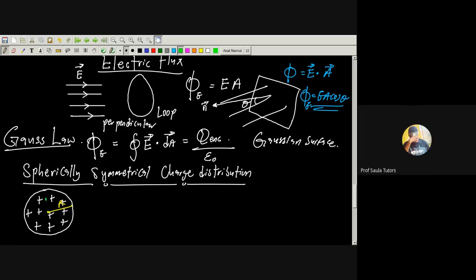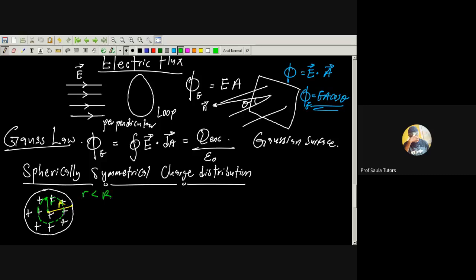Now, at this point, what you are going to do is draw a Gaussian surface around that point. We draw a Gaussian surface with radius of r, small letter r. In this case, our r is less than this big R.